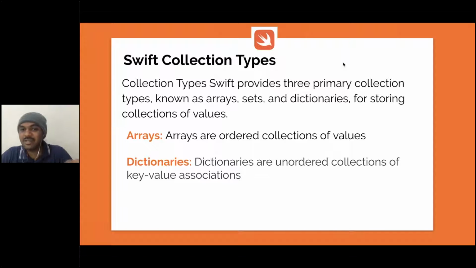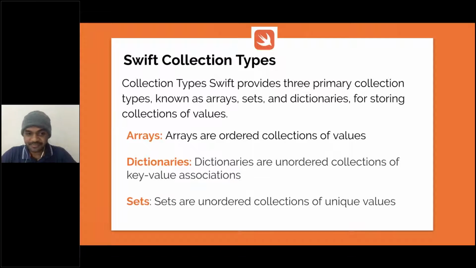In dictionaries, elements are stored in unordered format with key-value association. That means every value has its corresponding key. We will discuss this practically. The only thing to remember is that every value has a corresponding key, and we have to extract the data using this key. You can't extract it directly. In arrays we extract data using indexes, whereas in a dictionary we extract data using the key-value pair.